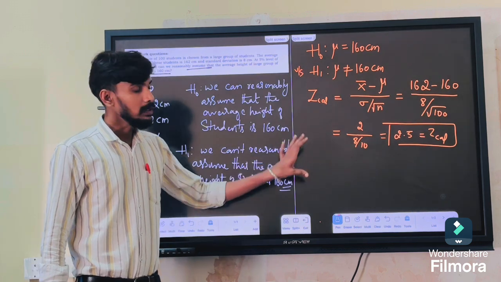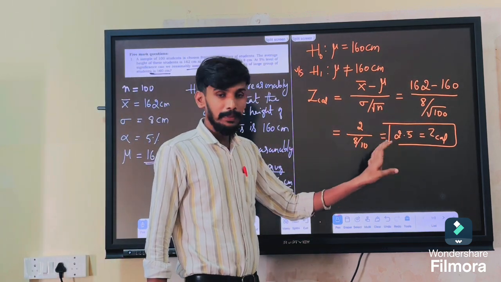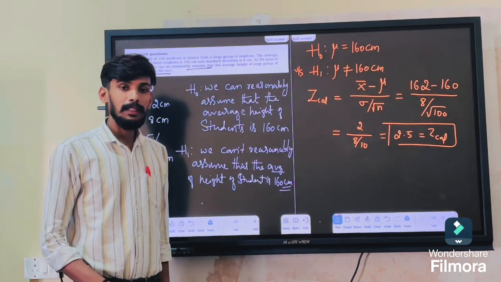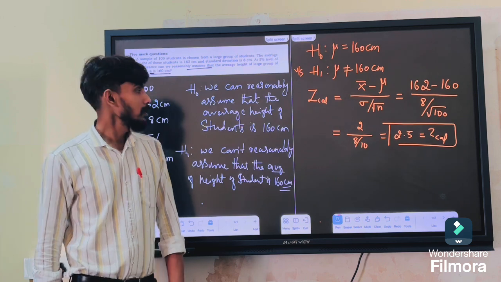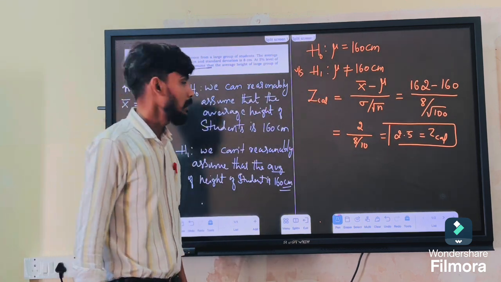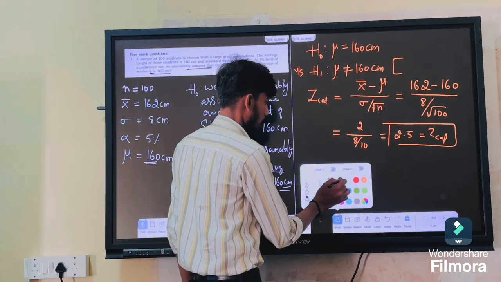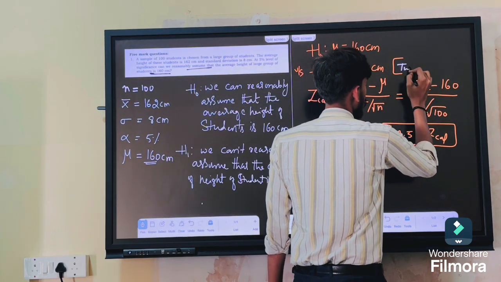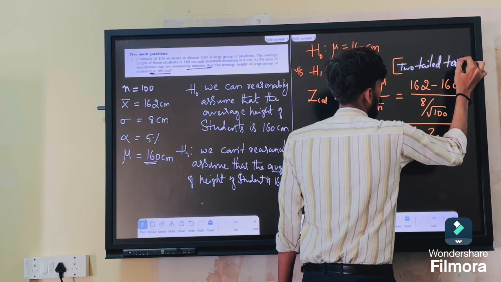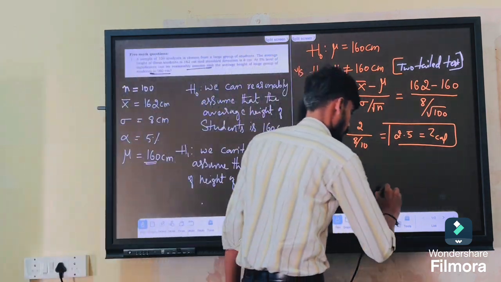After this, we need to decide whether this value would be accepted or not. To check that, we need to obtain the critical values. For that, we need to decide whether this test is a one-tailed test or a two-tailed test. Here, since we have taken it as not equal to, obviously it is a two-tailed test. Then just draw the normal curve to get the reference.